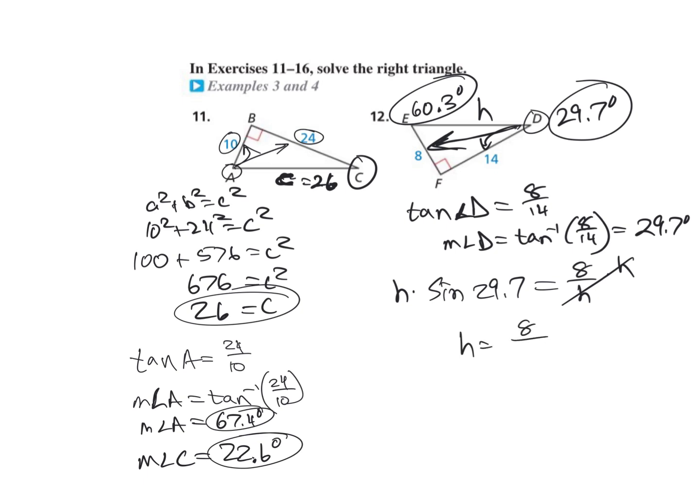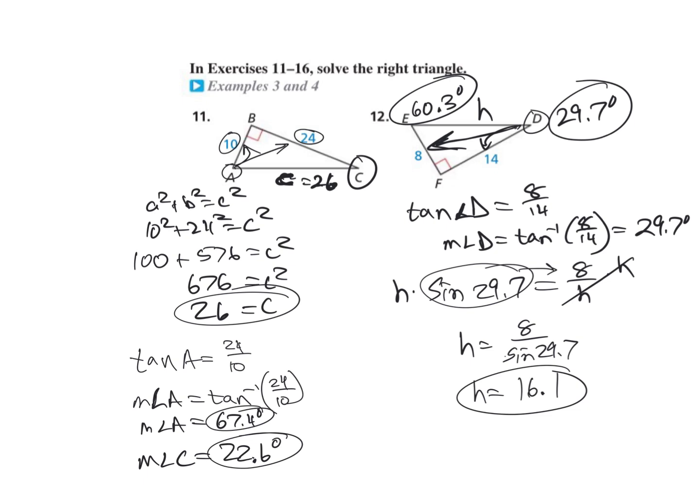So 8 divided by the sine of 29.7, which should be the same thing as 8/14 here.